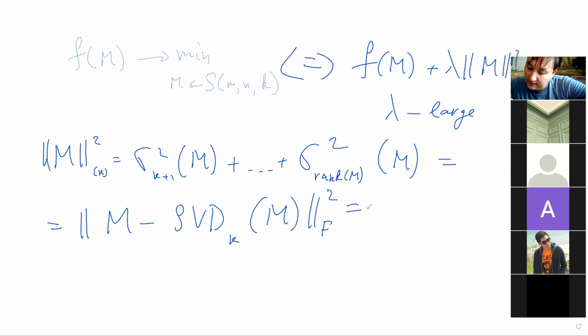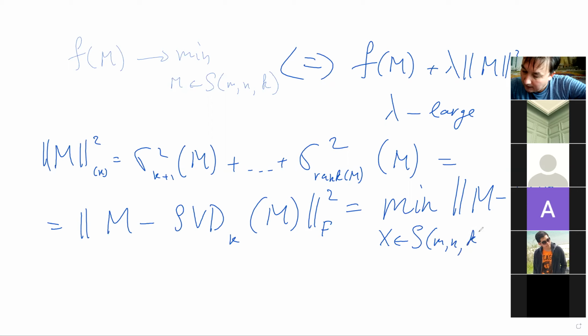Roughly speaking, this is nothing else than the minimum of M minus X squared, when X is taken from the set of matrices of rank at most k.